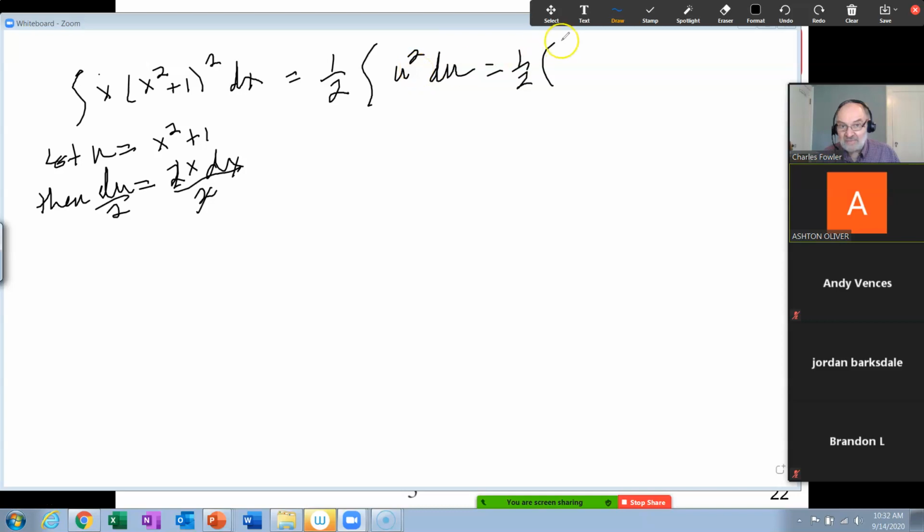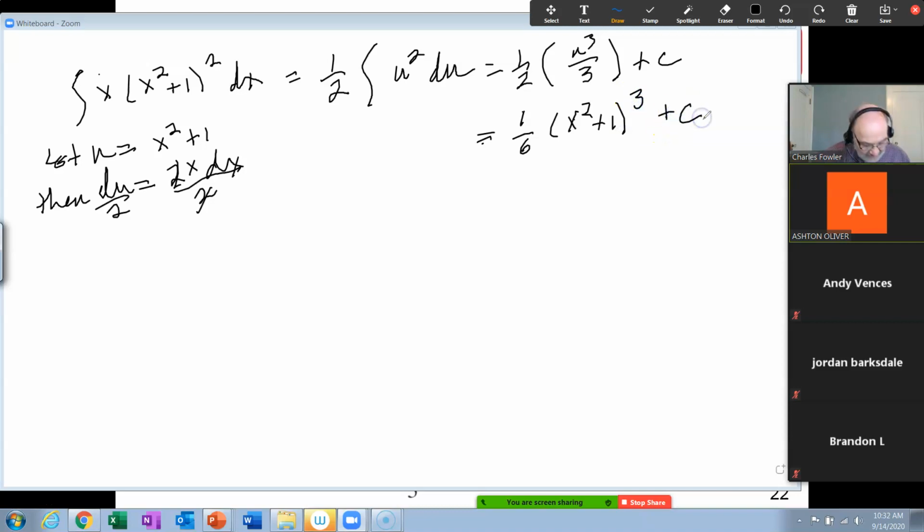It's antiderivative. u cubed over 3 plus c. And that would be 1/6 x squared plus 1, cubed, plus c.